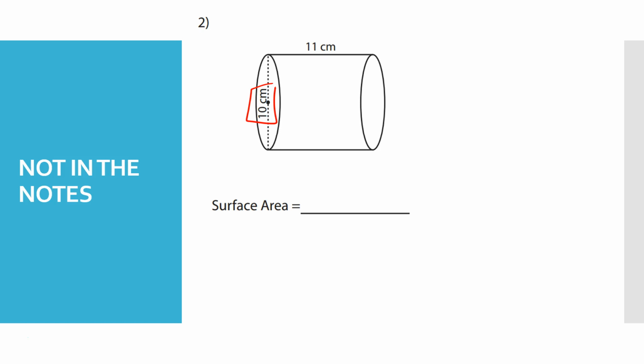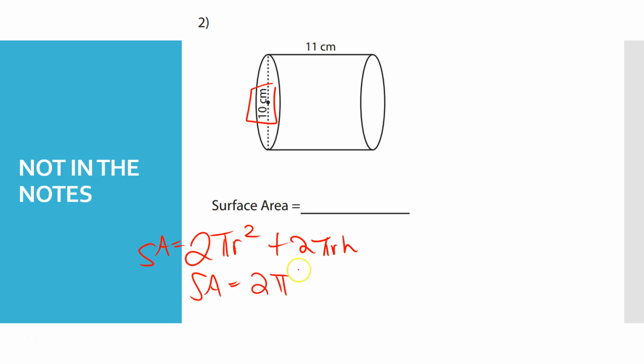Okay, you should be about done by now. You should have 2 pi r squared plus 2 pi r h. That's 2 pi. I'm just going to leave pi to make this go quicker. But the radius here is 5 squared. Okay, this right here is diameter, so radius would be half of that. Then 2 pi 5 times 11.